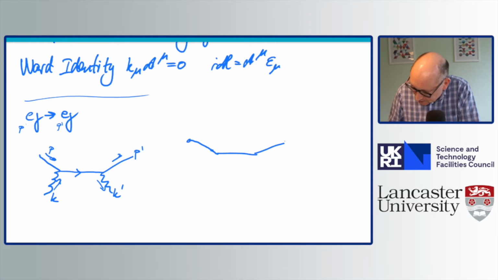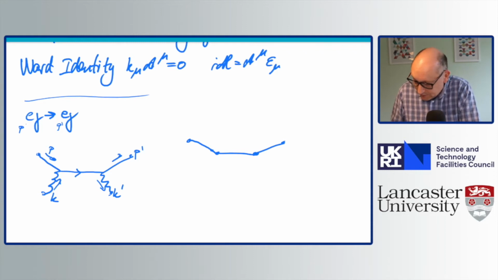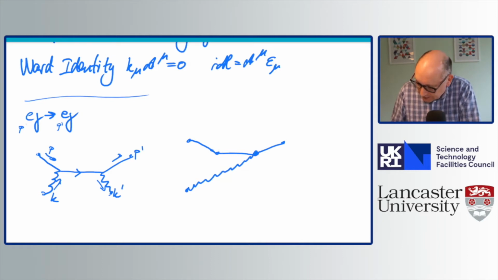I like drawing my diagrams such that the particles' positions on the piece of paper for the initial and final states are kept fixed. So of course then there's another way of connecting the two photons. You could say that the photon here connects to the vertex over here, and the final state photon connects to the vertex over here, like so.